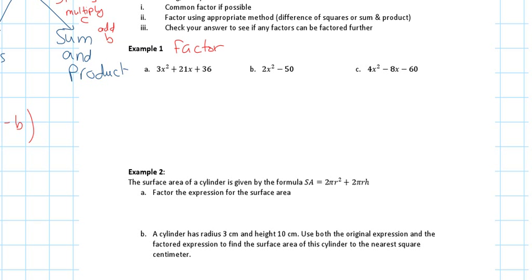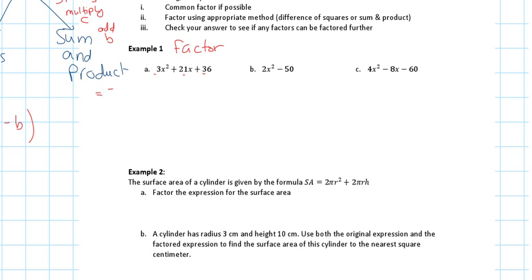What is it? 3. I can divide each term by 3. I don't have x's in all of them, so 3 is my common factor, and I can factor out a 3.